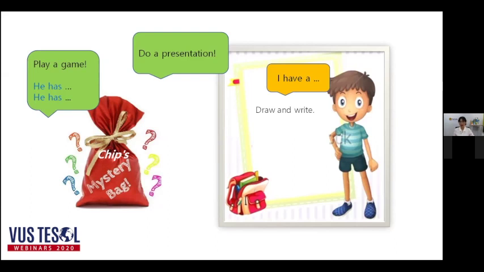He has bread. No, sorry. He has bananas. Oh, he has a durian. No, sorry, no durian. He has bananas. Right? Chip likes bananas. He has a bag. Yes, he has a bag. Yeah, that's right. That's good.